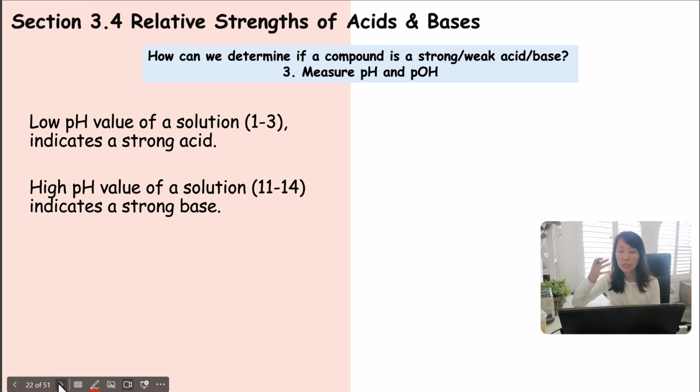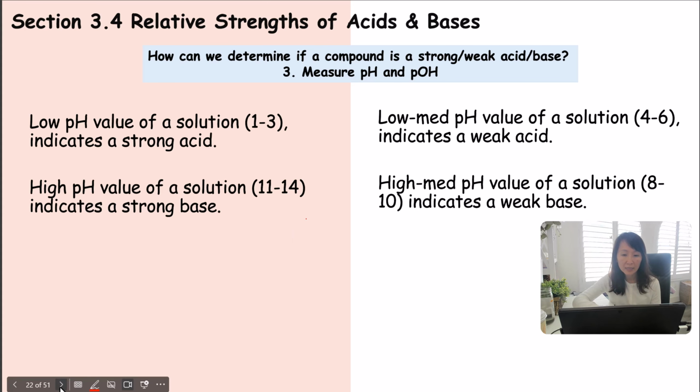But here I'm only giving you pH to give you some more clarity, and I'm going to be referring to pH more often. What if there is a very high value of pH, 11 through 14? That indicates a very strong base. Whereas for a weak acid, it will fall under 4 to 6, and for a weak base, it will fall under 8 to 10.